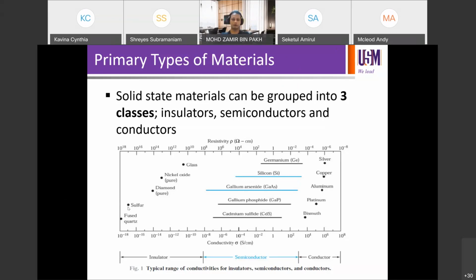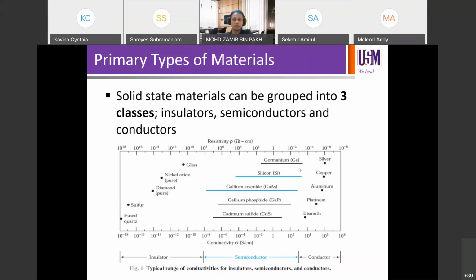So going from the left to the right, we are looking at reducing resistivity and increasing conductivity. We are also going from insulator on the left, through semiconductor in the middle, to conductor on the right.